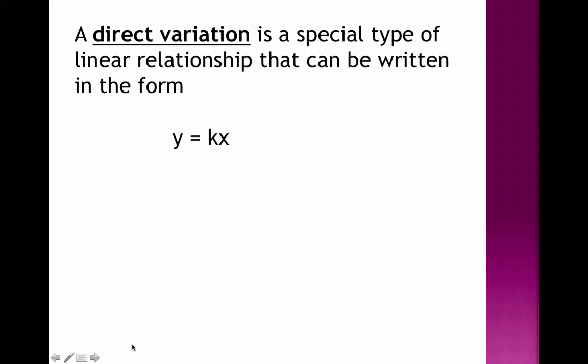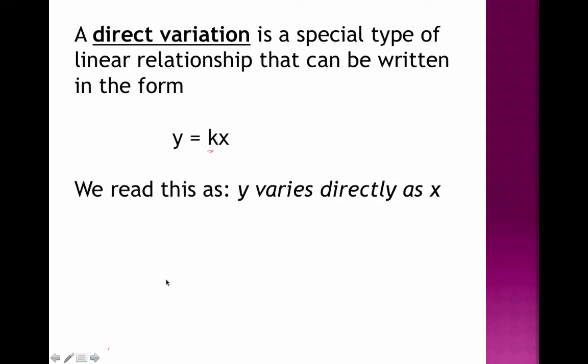So for a direct variation, it's a special type of linear relationship, and it's written in the form y equals kx. Notice that k is just where I had my m or slope value before. K is a slope value. The difference is in direct variation, we're going to see it only applies in certain cases.